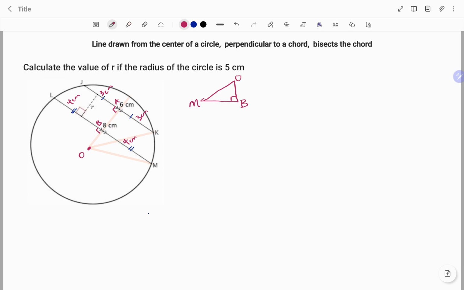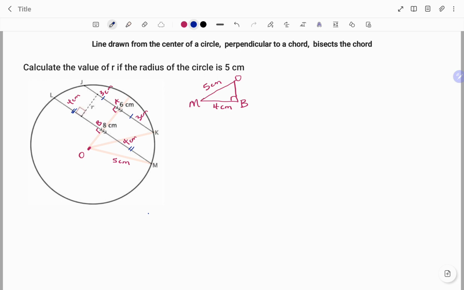We've been given the radius to be 5 centimeters. So that remains the same. The line OM, the radius, is 5 centimeters. Also, the distance BM or MB is 4 centimeters. I'm going to find the distance OB.